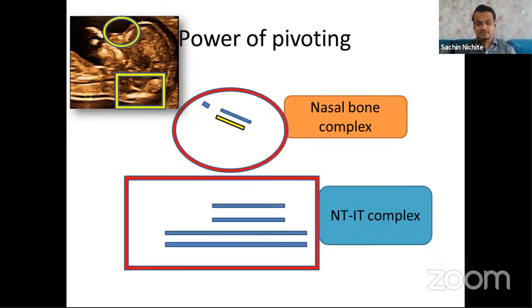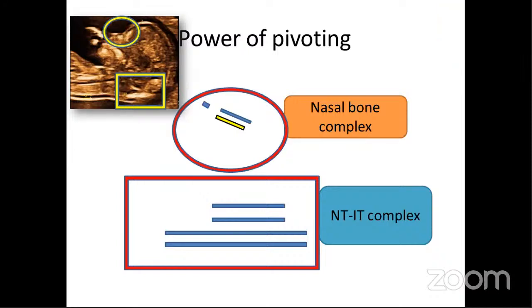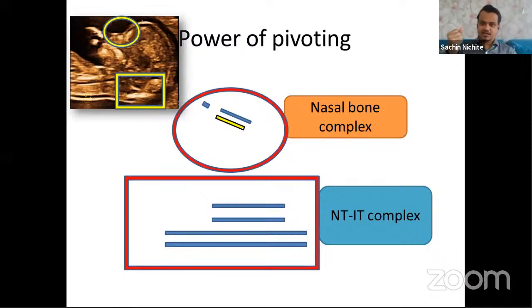That is the NT-IT complex. That is called power of pivoting. The experts who are trained in NT scan, this happens involuntarily, but for those who are learning the scan, this can be a good way: you acquire one complex, hold the image there, and without moving that complex, try to acquire the other complex.